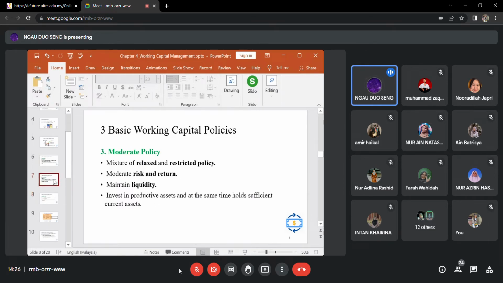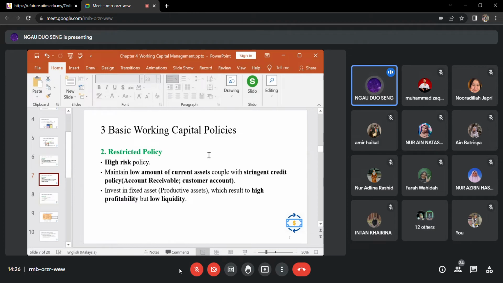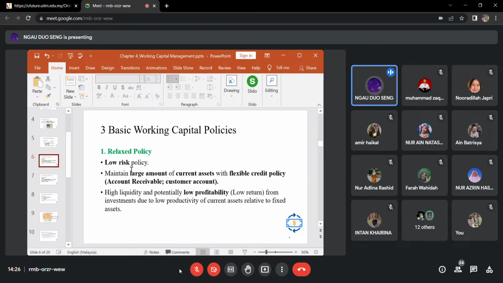For example inventory: under the restricted policy they hold less inventory, so if customers want something, maybe they have no stock because they are holding very little inventory. For the relaxed policy, maybe they have a lot of inventory.